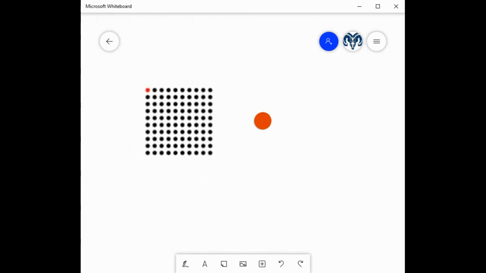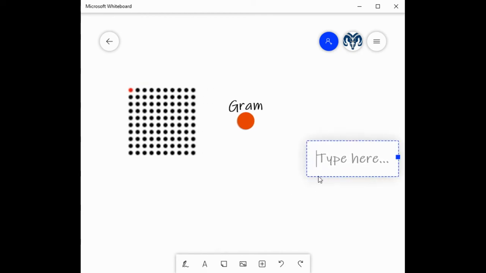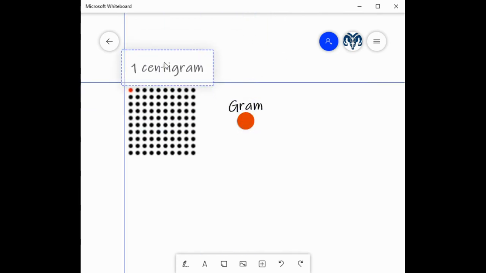Okay, so maybe I can do it this way. Let's say I have, I'm going to call it a gram. I've got a gram, and that's this bad boy. Now over here, this little dot is 1 centigram, or 100th of a gram.